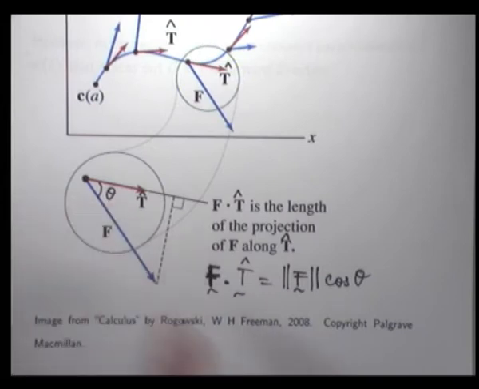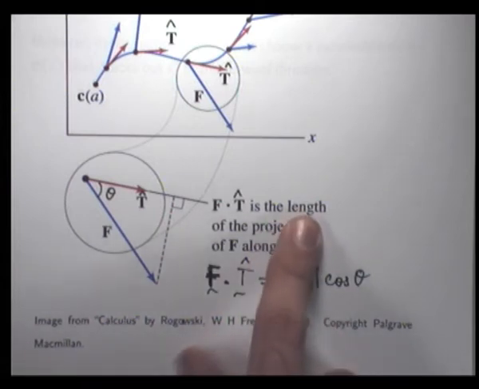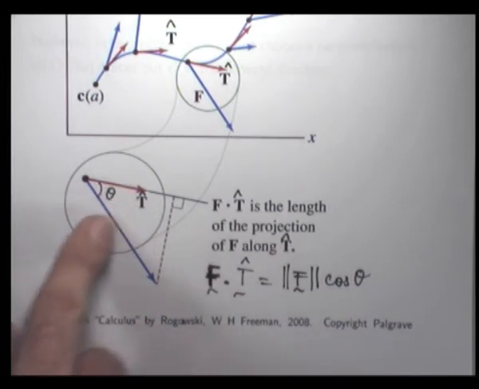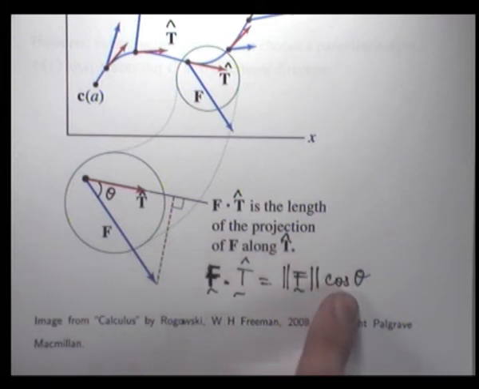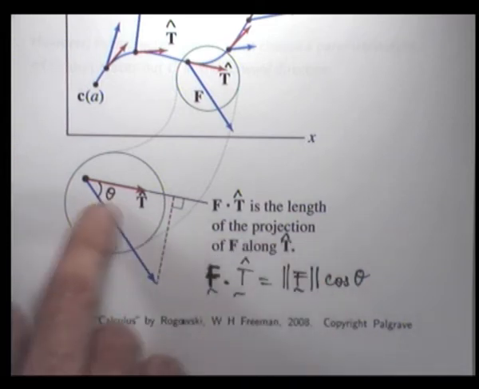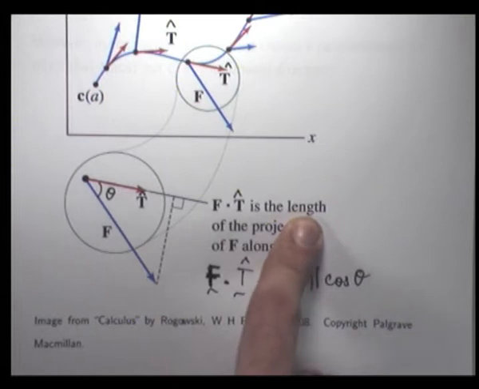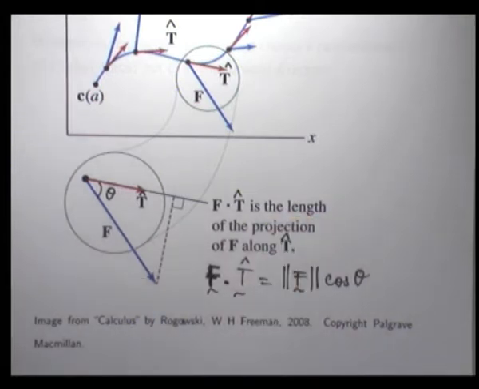Here the angle is less than 90 degrees, so this is going to be positive. But when we say length here, length is a bit of a stretch, because if this angle was between 90 and 180 degrees, cos theta is negative, so you'd actually have a negative component there. So when we say length, we're stretching it a bit.